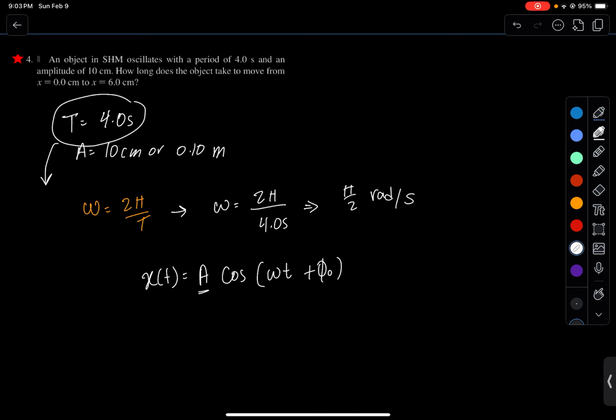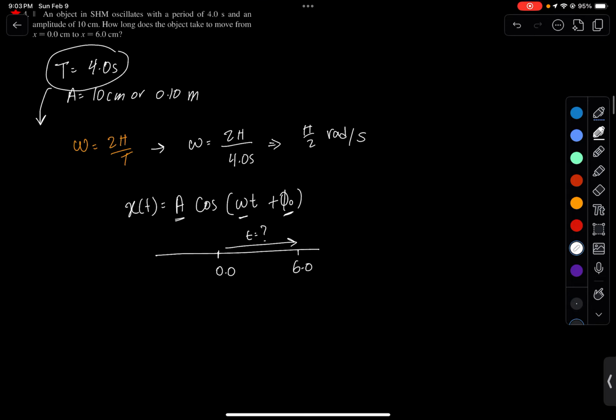We have the amplitude, we have omega, and we don't need to find t because t is a variable. We need to find the phase constant in order to find out how long it takes the particle to move from 0 centimeters to 6 centimeters. How long does it take?